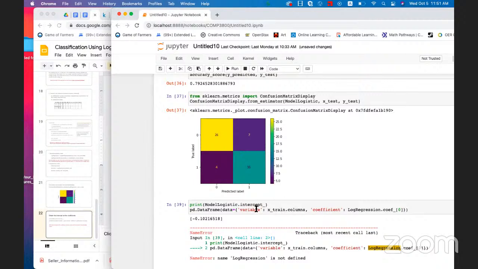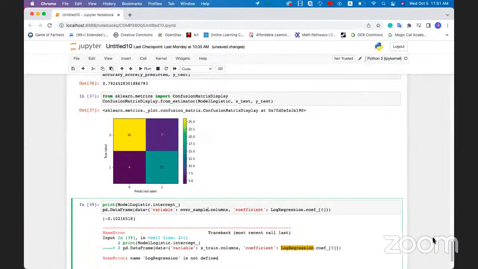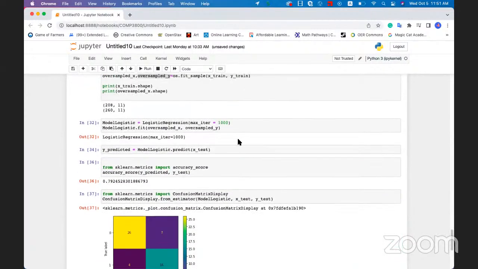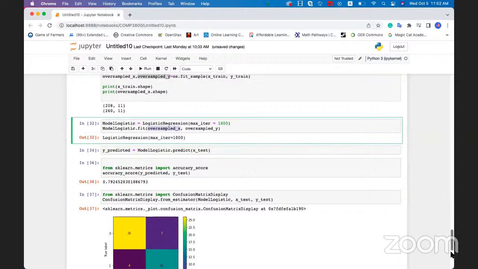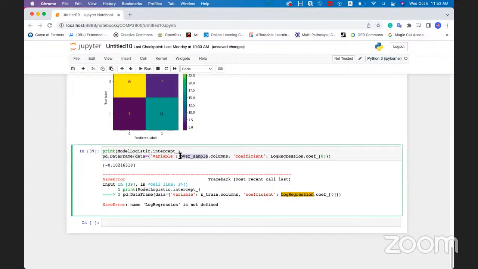It should be the oversampled X. It doesn't matter.